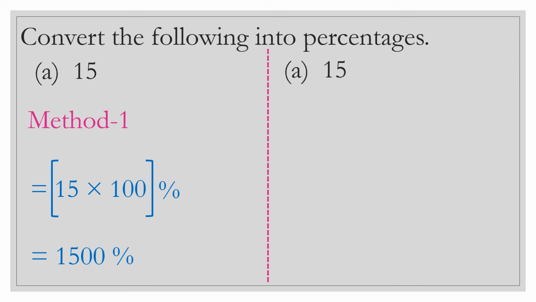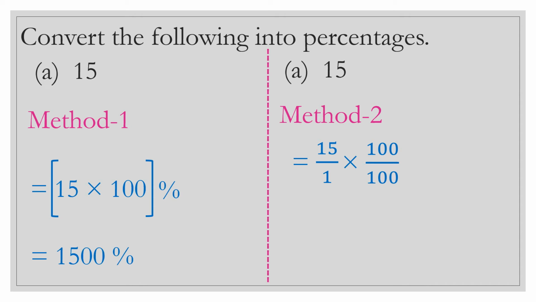Now let's solve the same question by second method. Convert the whole number into an equivalent fraction with denominator 100. That means we want 100 in the place of denominator. But in 15, denominator is 1 because 15 divided by 1 is equal to 15. Now tell me which number will you multiply by 1 to get 100 in the place of denominator? Yes, 100.